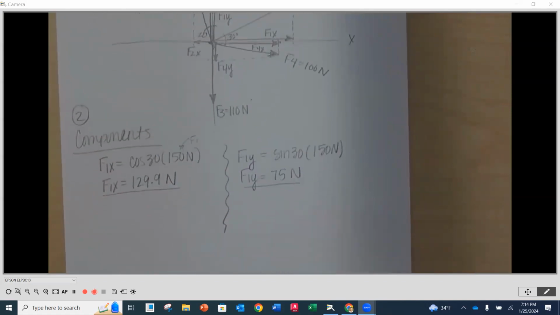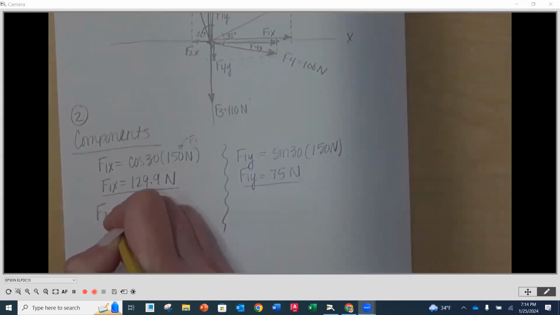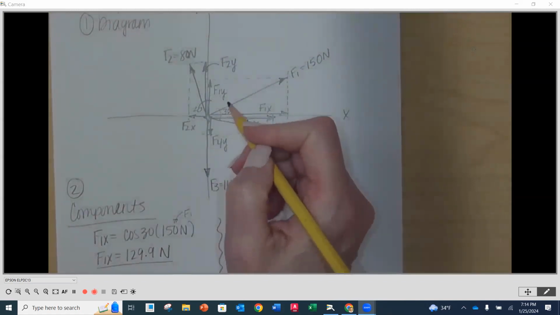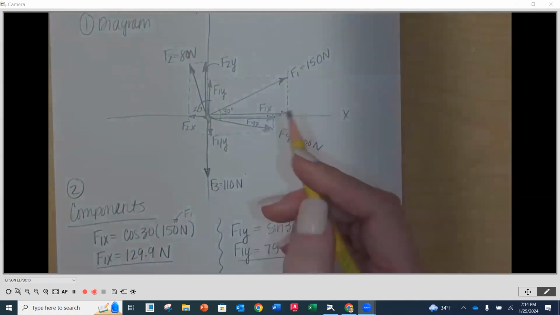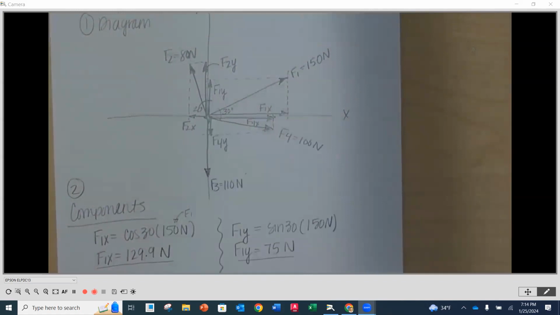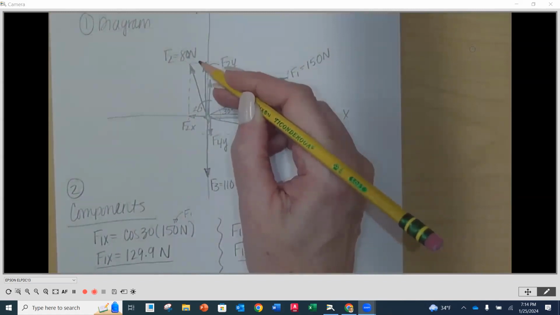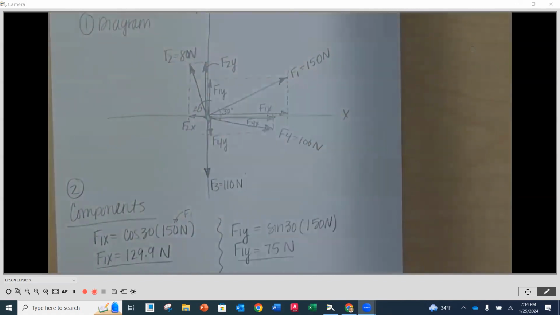All right, let's do F2. F2X is equal to, so here, now be careful. This 30 degrees was what I call the standard location. 20 degrees is not. If we look at the 20 degrees, notice that it would be the side opposite. And again, I always like using original information. You could say, could I use the cosine of 70? Yeah, you could. But we're going to stick with what they gave us.